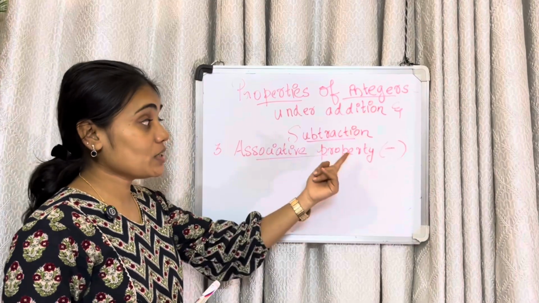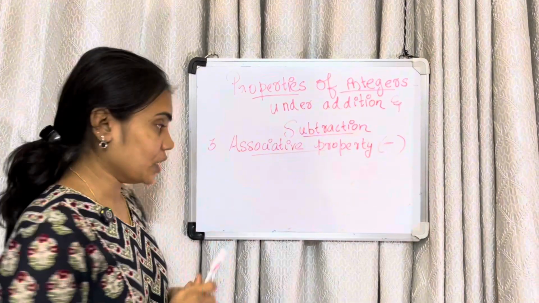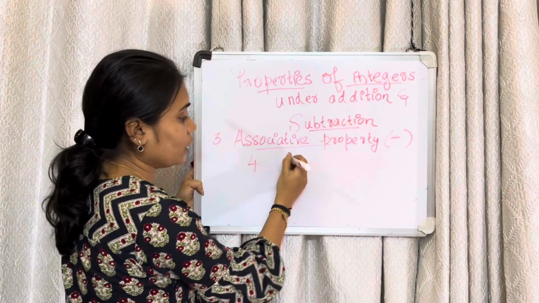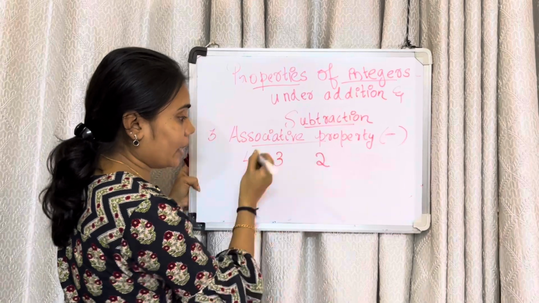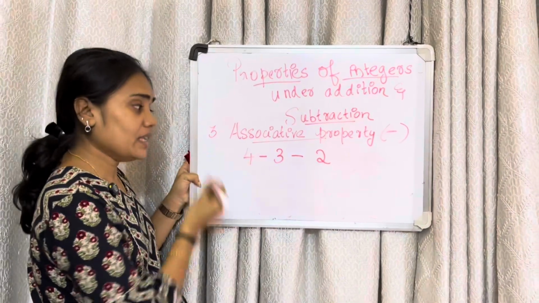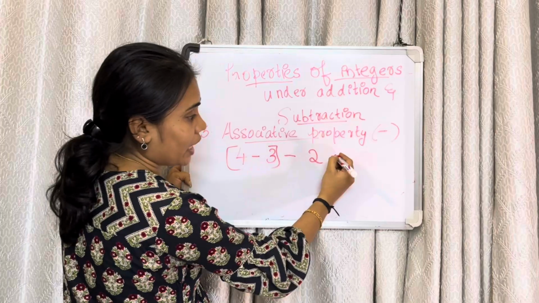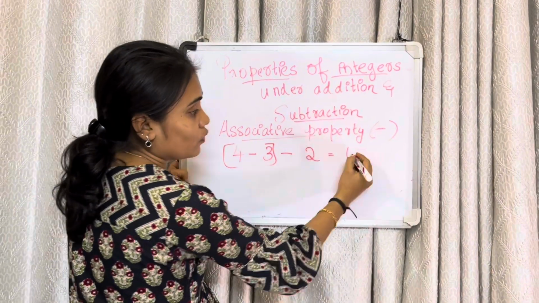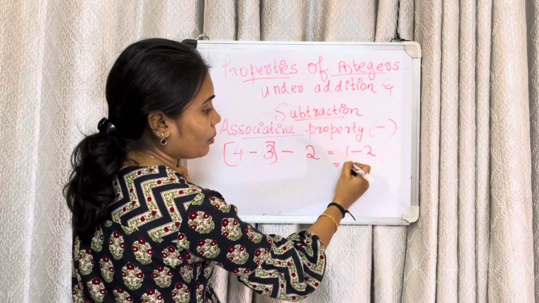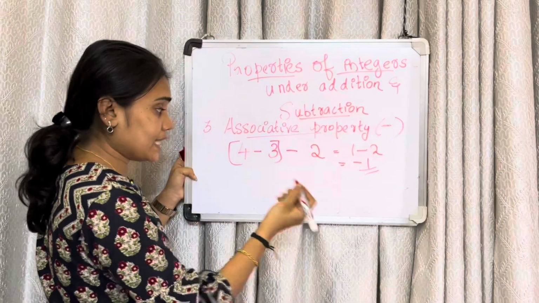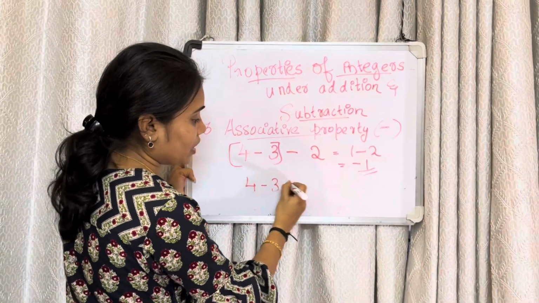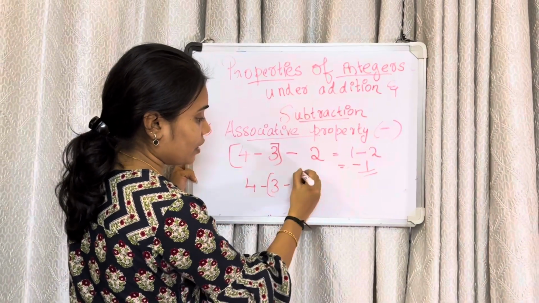Next is associative property under subtraction. I am taking the numbers 4, 3 and 2 with the negative sign. Same as addition, I am putting the brackets. 4 minus 3, I will get 1. 1 minus 2, I will get minus 1. Same thing but changing the brackets.